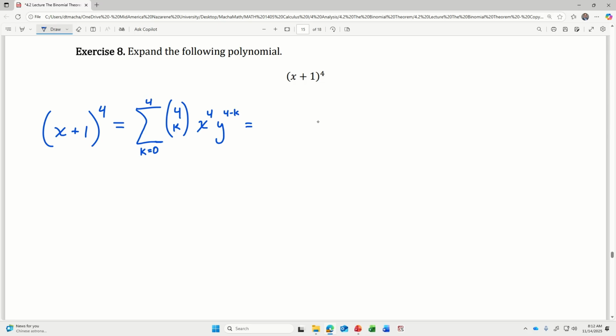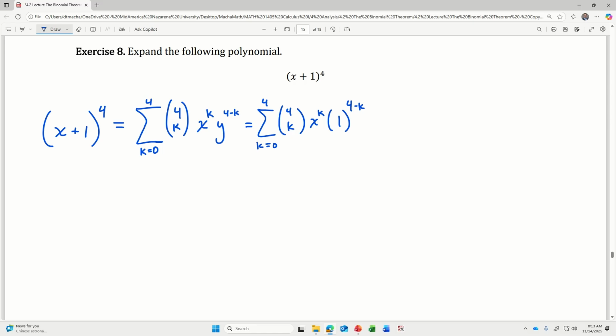And what is the y this time? I changed the y to a 1. Oh, sorry, that shouldn't be a 4, that should be a k. I must have written down my binomial theorem wrong, so let me try that again. x to the k times 1 to the power 4 minus k.